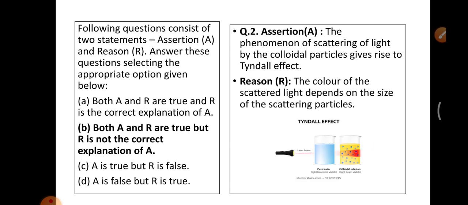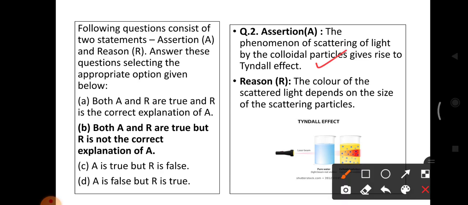The second question. The phenomenon of scattering of light by the colloidal particles gives rise to the Tyndall effect. Yes. See, here we take pure water and a colloidal solution. The colloidal solution consists of tiny particles.